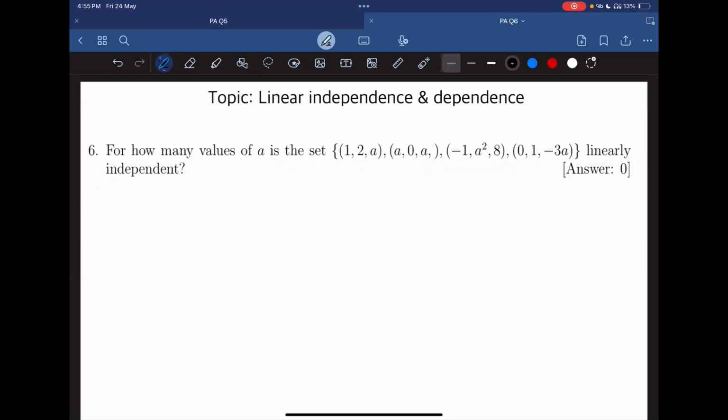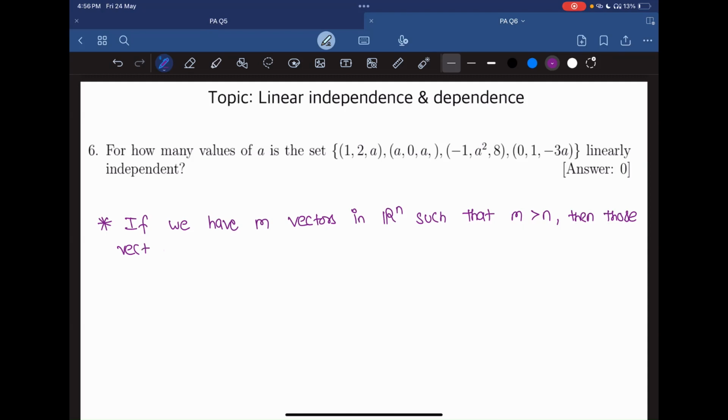So we have one fact regarding linear independence and dependence, that if we have m vectors in Rn such that m is strictly greater than n, then those vectors are always linearly dependent.